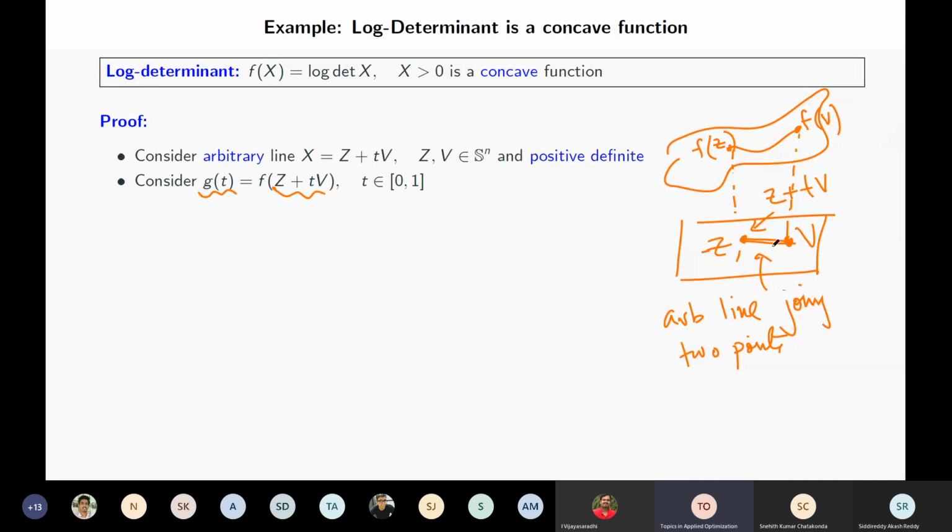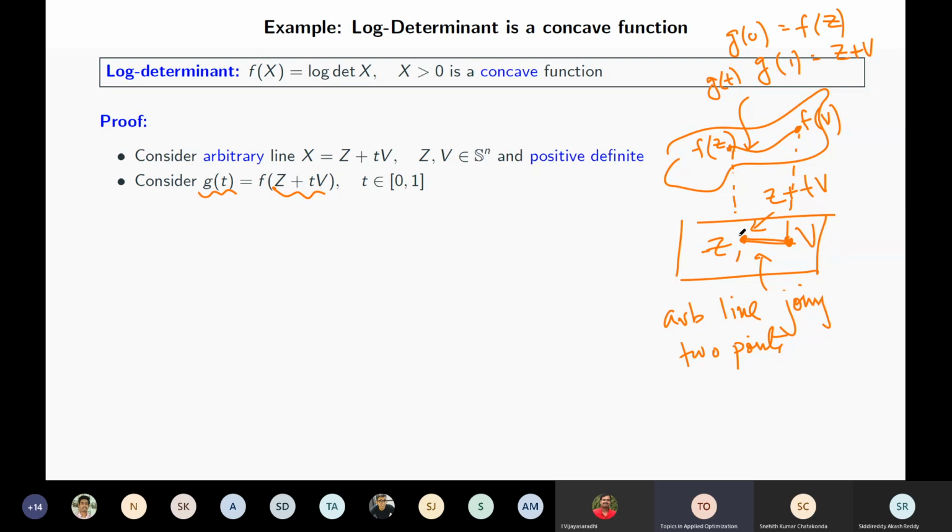So if we can prove that the function restricted on this line, which will be g of t, is convex. Here g of 0 will be f of Z, and g of 1 will be f of Z plus V. Yeah, the way our line is denoted, at 1 you will be at Z plus V actually.